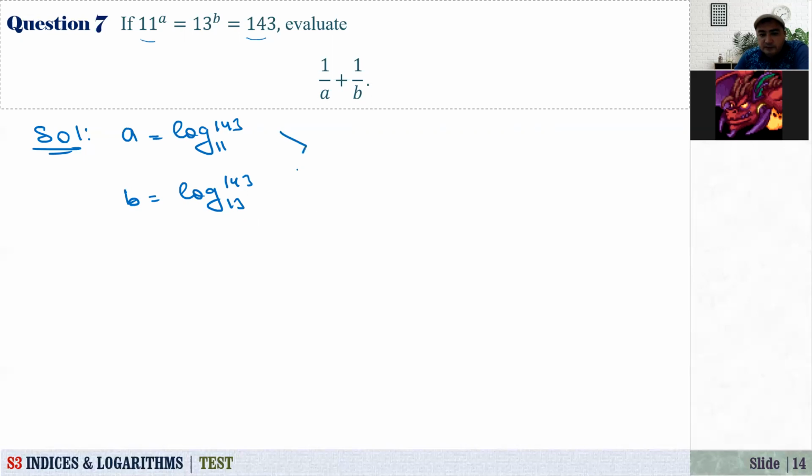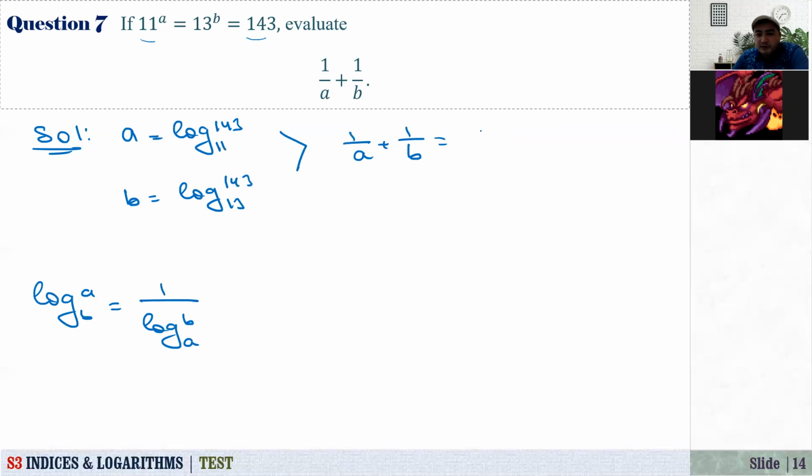Now from here, what is 1 over a plus 1 over b? That's equal to, again, just change using this rule. I'm just going to use this one, logarithm of a to the base of b equals 1 over logarithm of b to the base a.